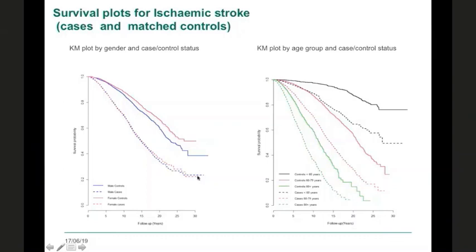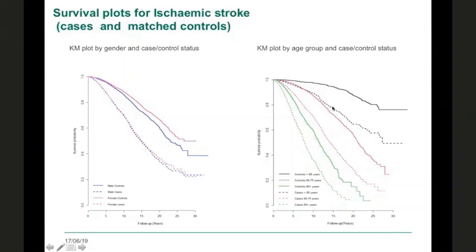If we compare the dashed line with the solid line, we observe that cases had poorer survival prospect compared to the control. Now, based on the color, pink has been used to represent female and blue has been used to represent males. So as we can say, males have poorer survival prospect compared to the female.